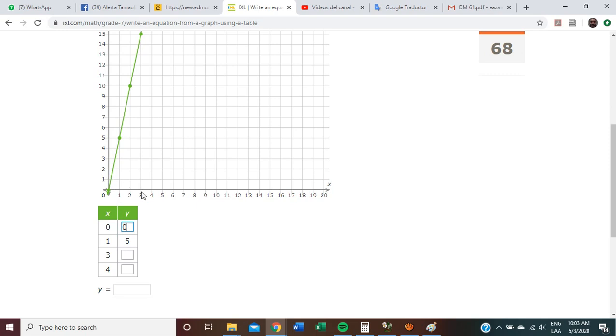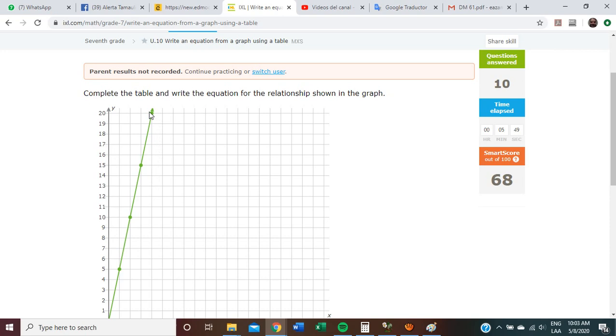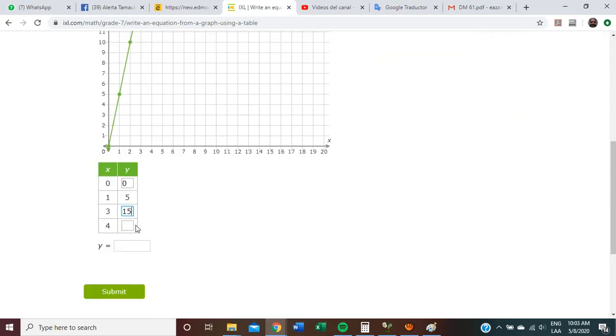When x equals 3, y equals 15. All right, and the last one, when x equals 4, we continue, we follow this line, y equals 20.